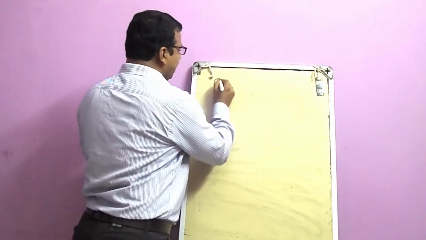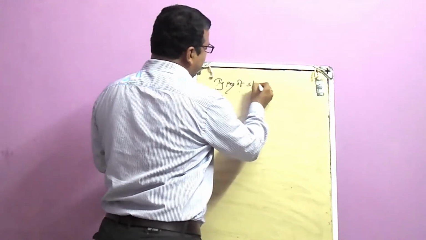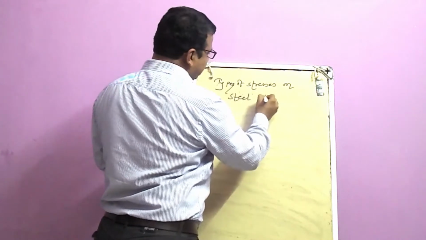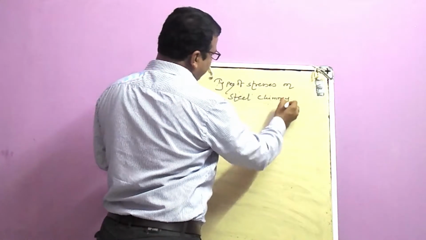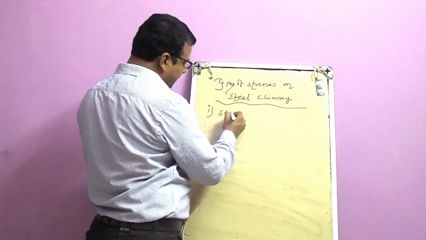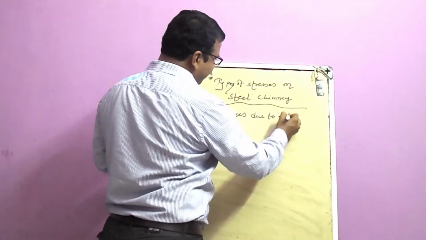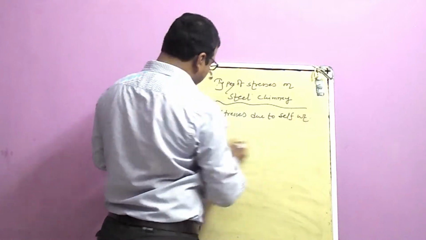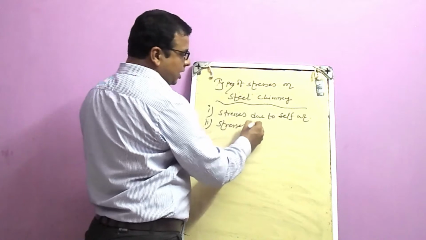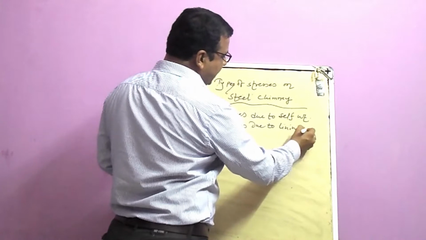So now the types of stresses on steel chimney. First is the stresses due to self weight. Next is the stresses due to lining weight.